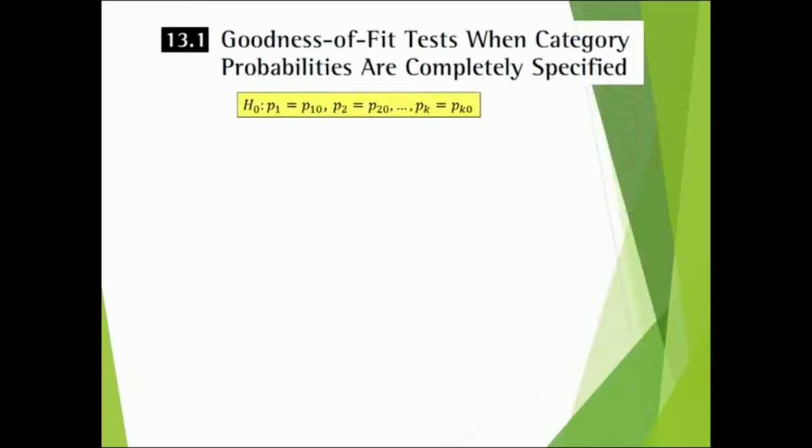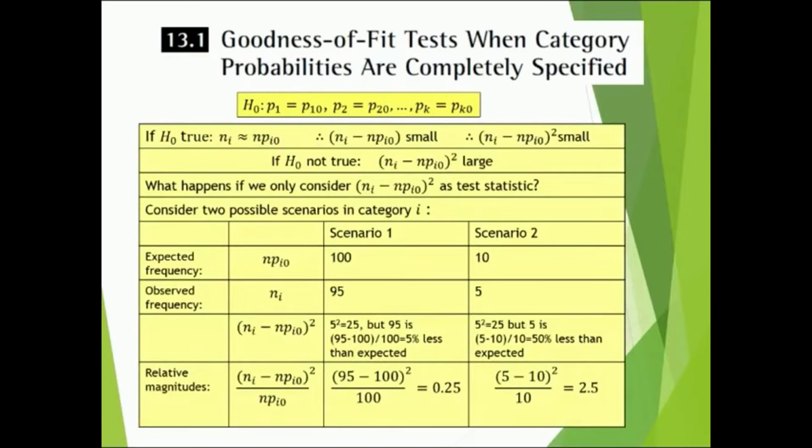We have a null hypothesis where we test whether P1 is equal to a specific value up to Pk being equal to a specific value. If the null hypothesis is true, we expect the frequency in the ith category to be equal to the number of trials times the proportion specified under the null hypothesis for the ith category.